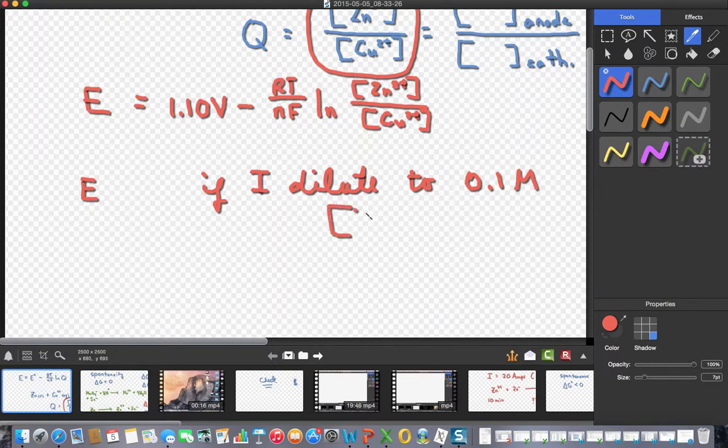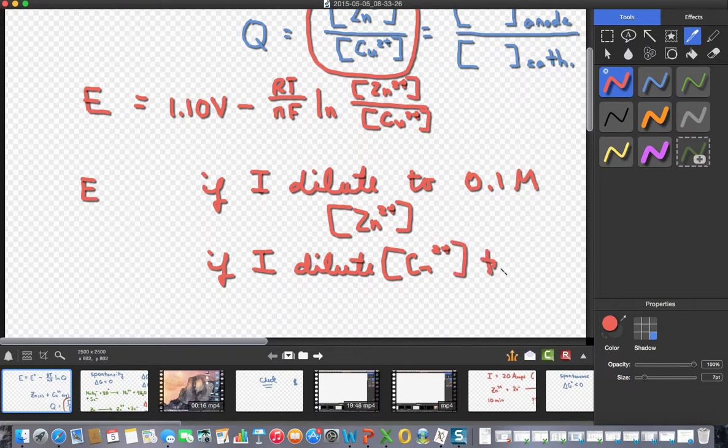And we're talking about diluting the zinc solution. Let's also look at what happens if I dilute the copper 2+ solution to 0.1 molar.